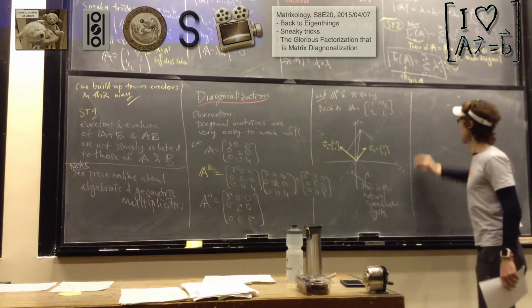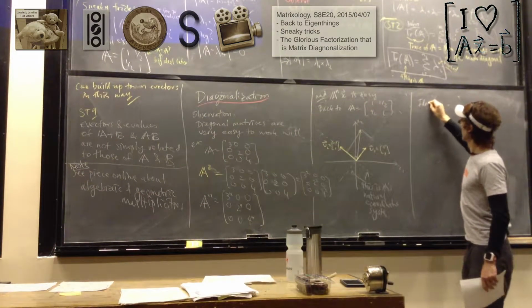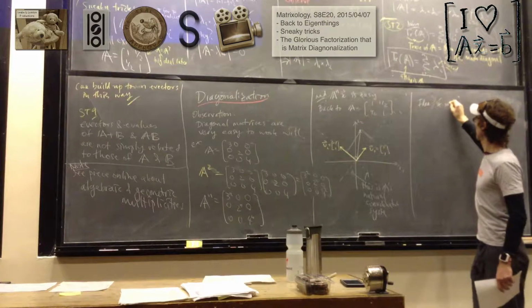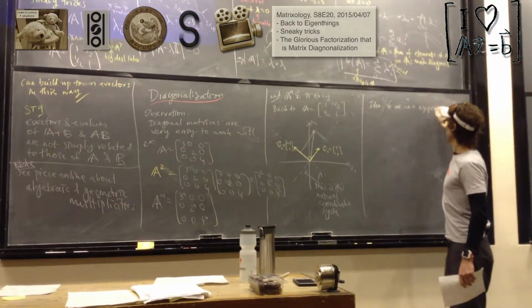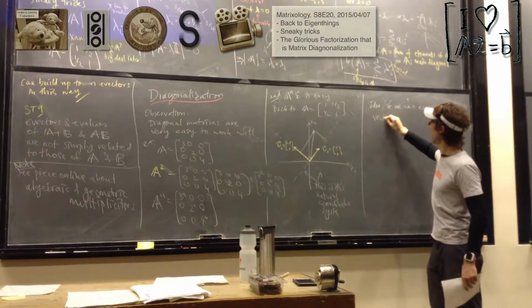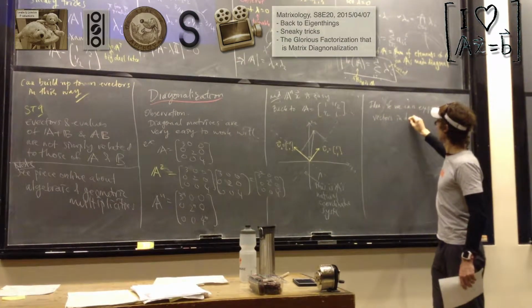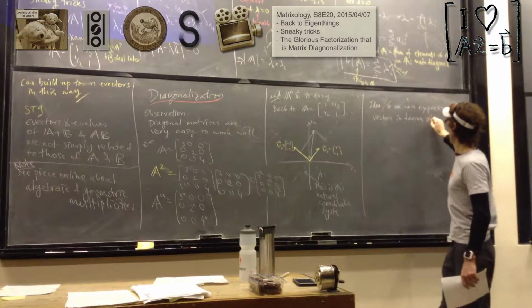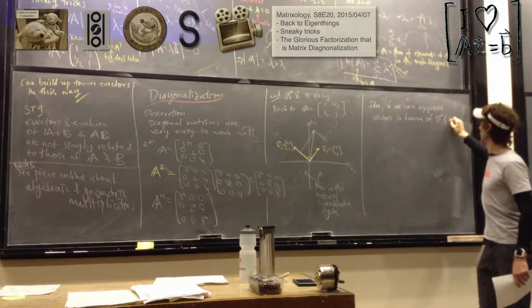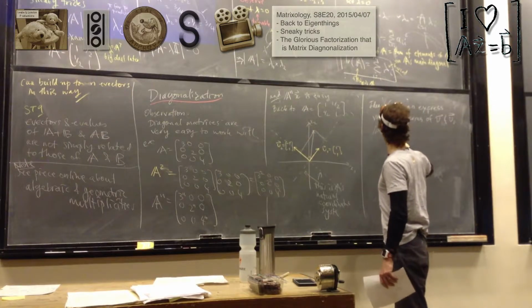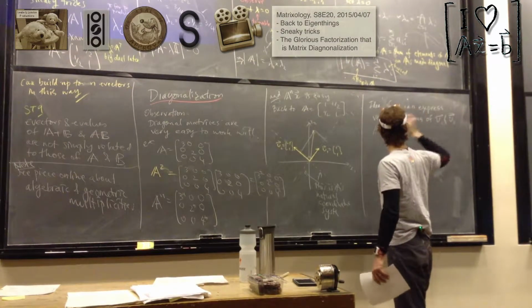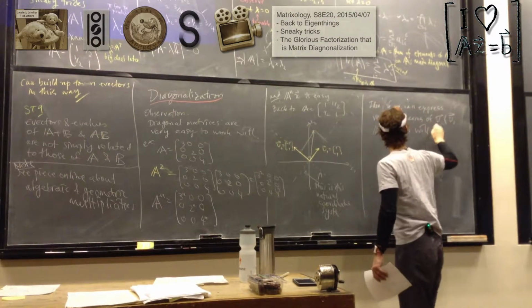So if we can express vectors in terms of v1 and v2, A's action, A's behavior, will be very simple.